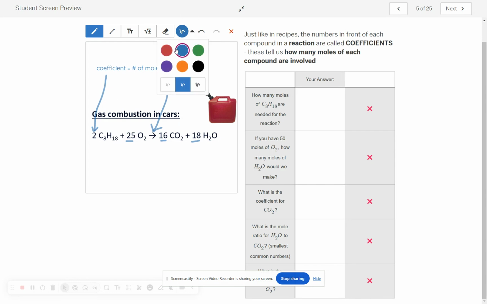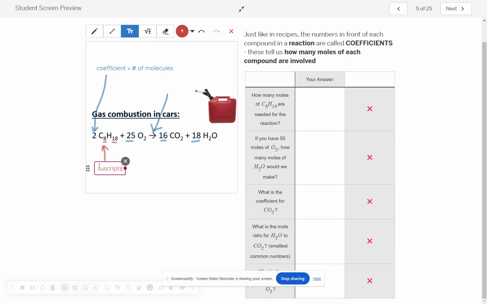The second piece of information are all these little numbers, right? All these little numbers are called subscripts. And subscripts tell us how many of each element are present in the molecule itself.